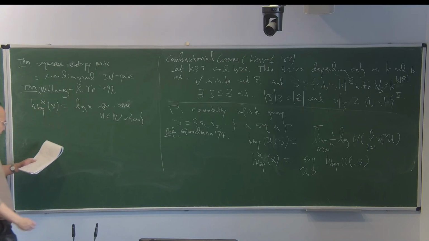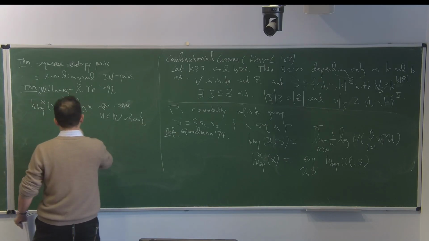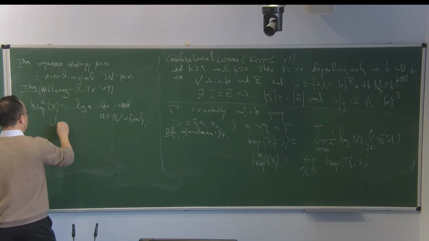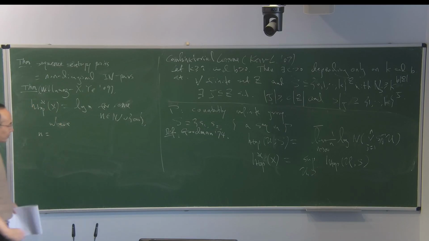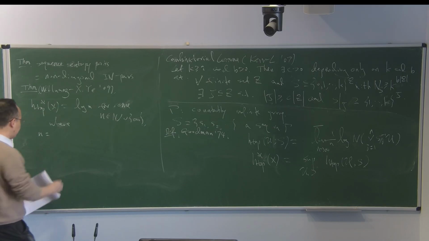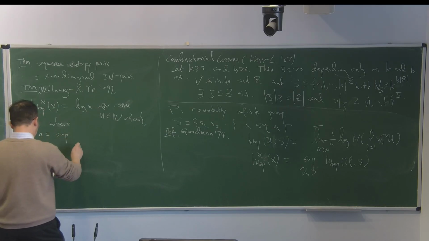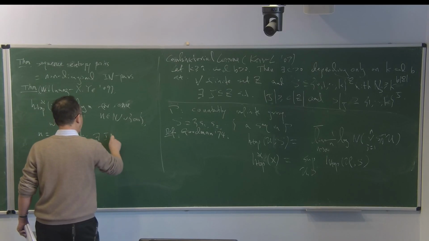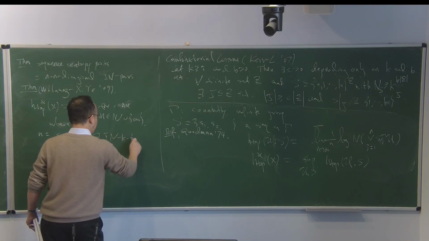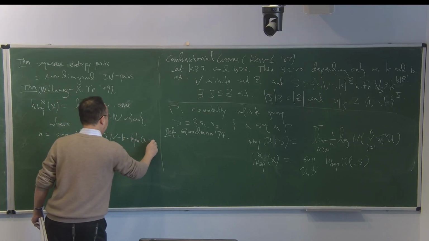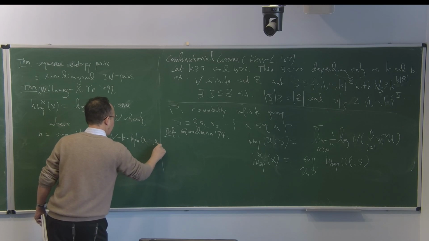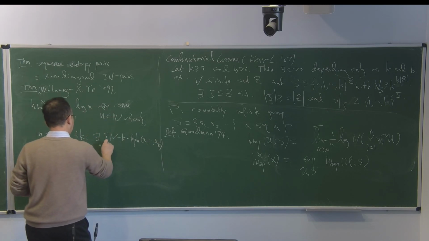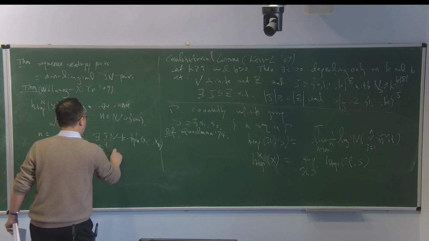Where n is simply the supremum of k, where you get a tuple x1 to xk, such that these guys are distinct.